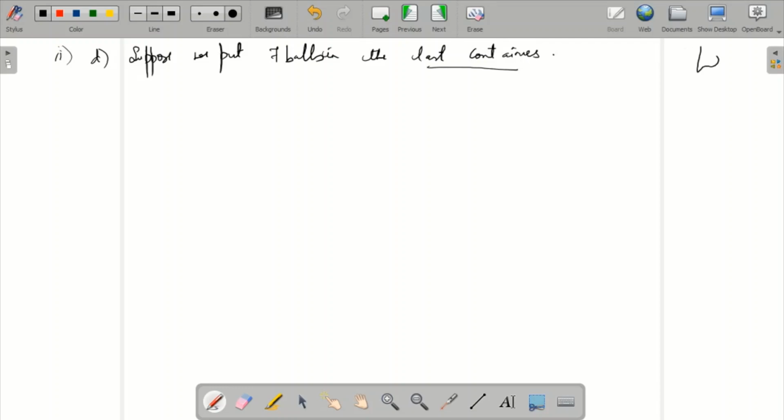That means 7 balls I have put. So the remaining is 1 ball, and that needs to be distributed in 3. So there is 1 ball that can be distributed in the remaining 3.